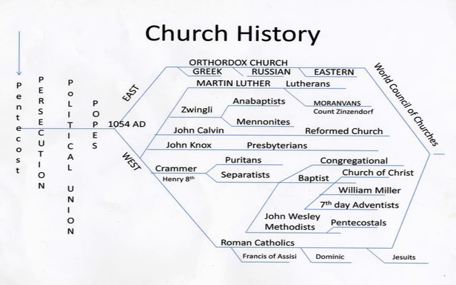We have the persecution of the early Christians. Then we have the political union. That was in 313 A.D. with Constantine, making it legal for Christians to practice their religion, and united the church with the state.